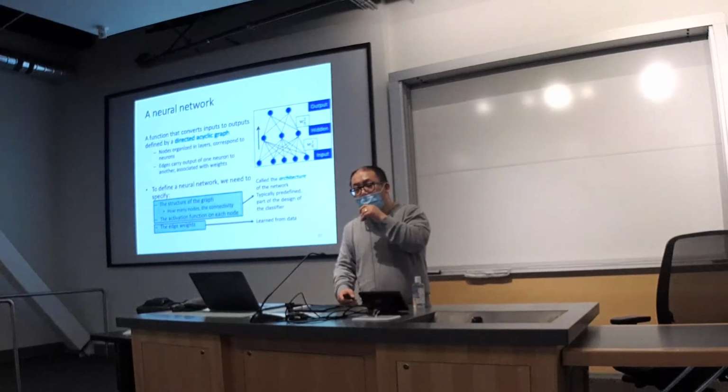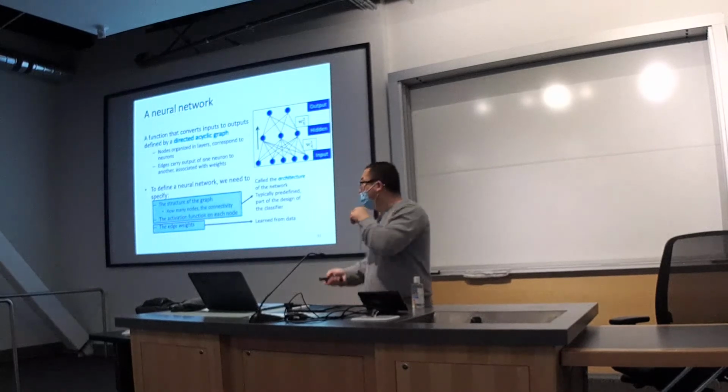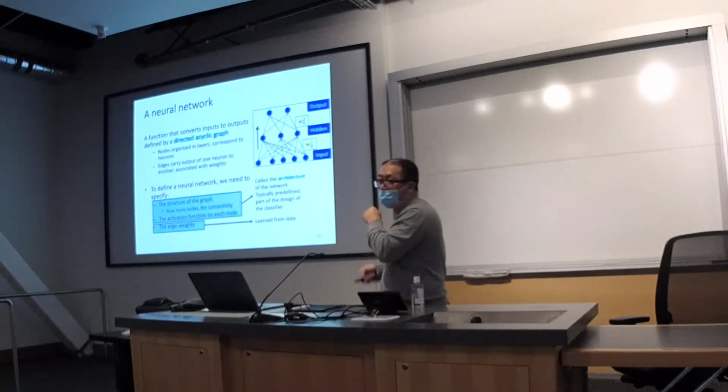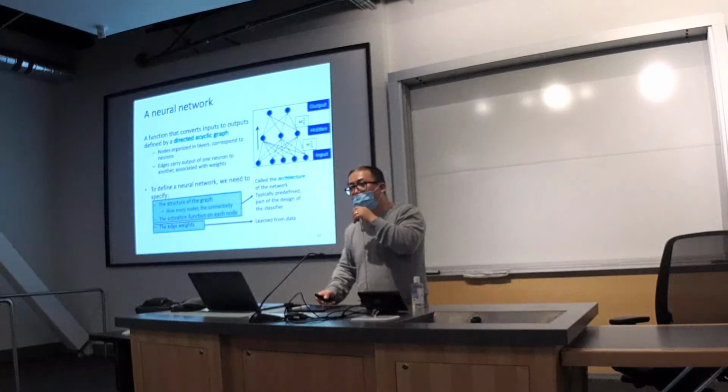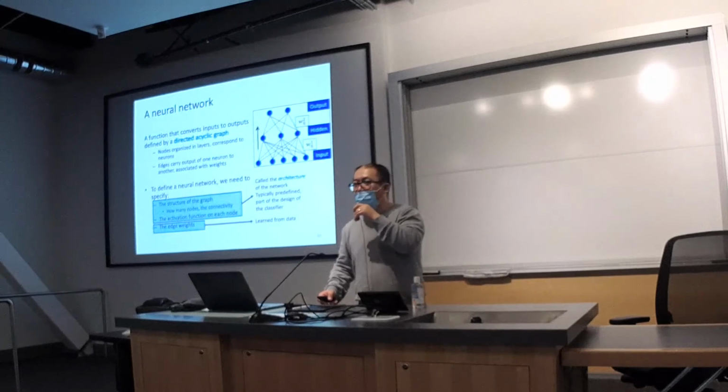Yeah, you can do that in some special cases. For some research topics, people want to break the standard definition of neural network and get some loop message back. It is doable, but here we just talk about the standard definition. And in practice, almost all neural networks are defined that way.